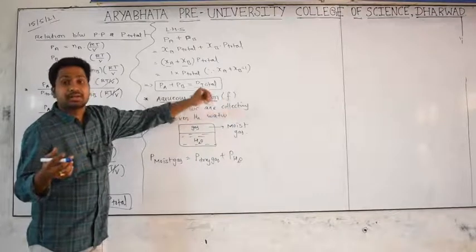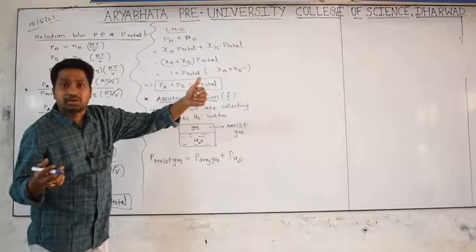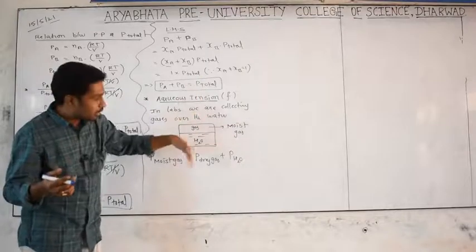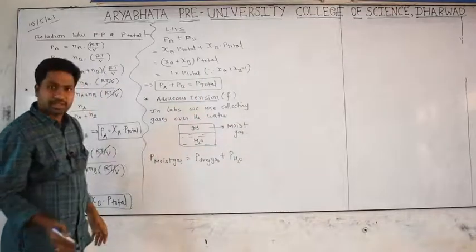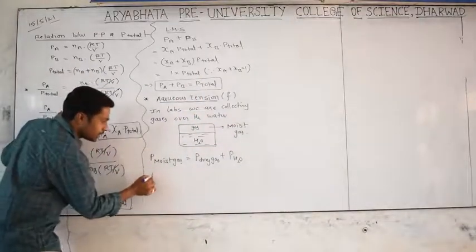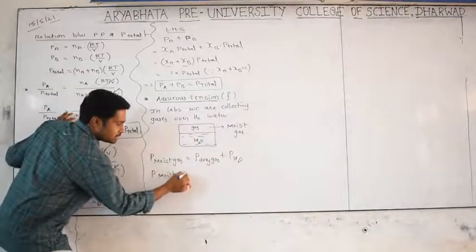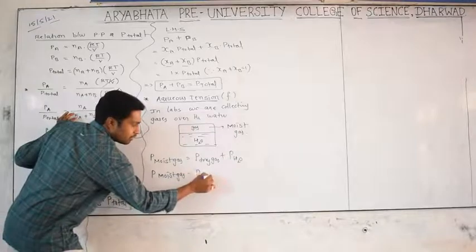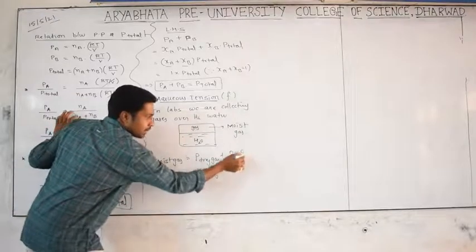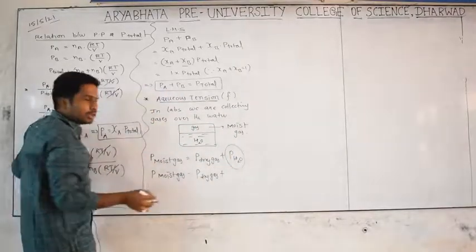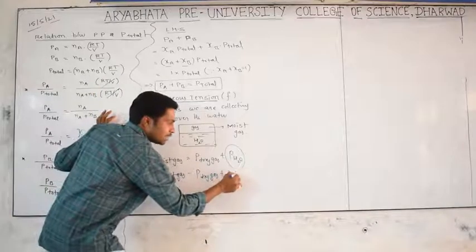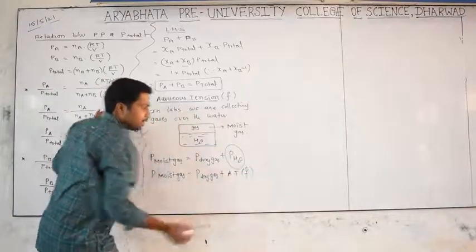Wet gas means pure dry gas is there and moisture is also there. Together, the pressure is called the moist gas pressure. So write down: pressure of moist gas is equal to pressure of dry gas plus pressure of water vapor, or moisture, which we call aqueous tension, nothing but F.